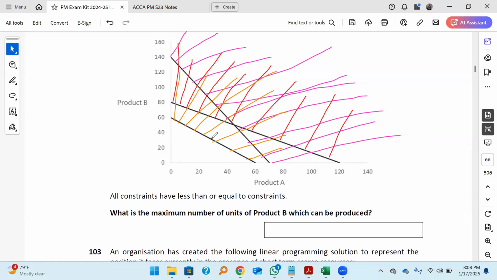After shading all the unwanted region, what you remain with as the triangle of interest is this one here.